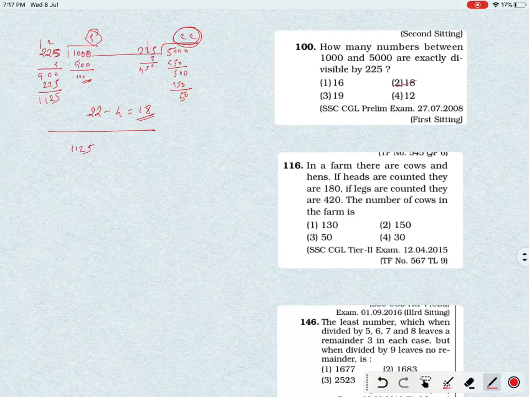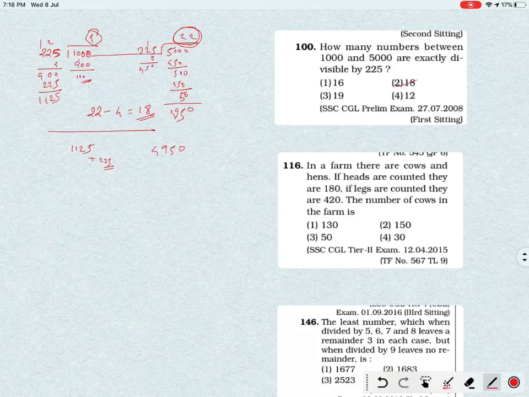Then from 5000 we subtract 50 to make it divisible by 225, so we get 4950. The next term will be plus 225.